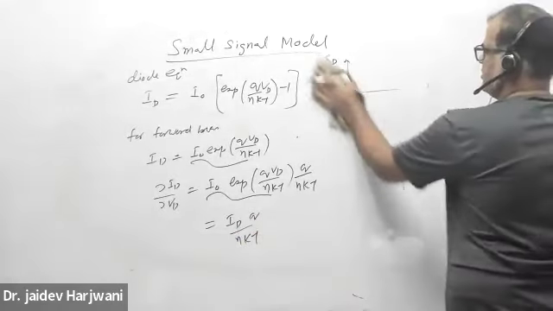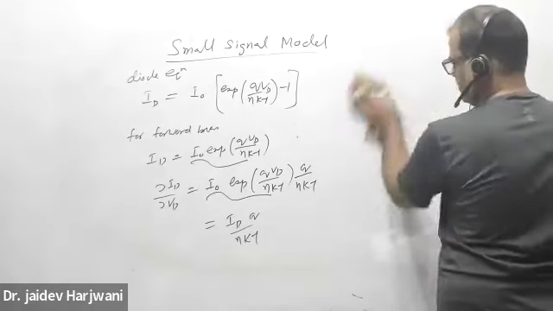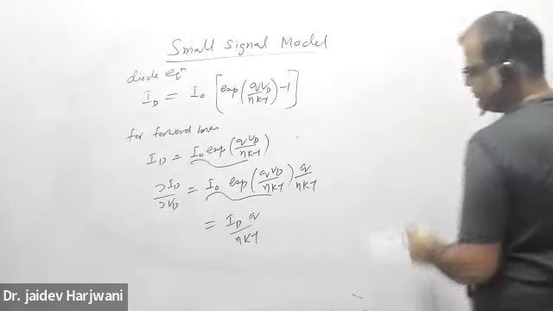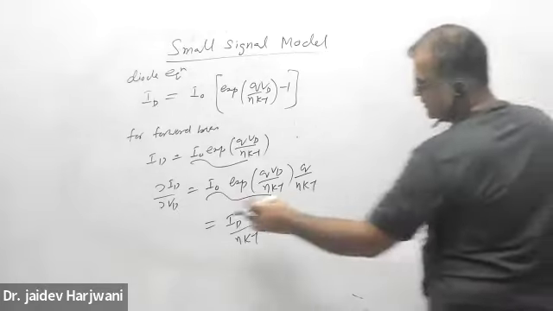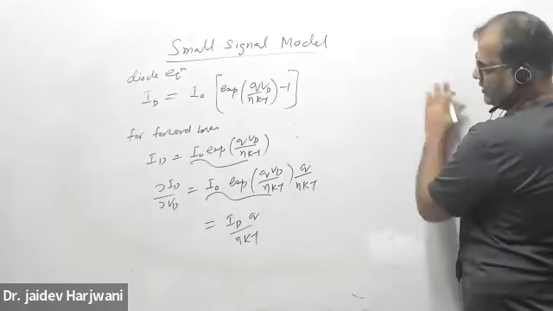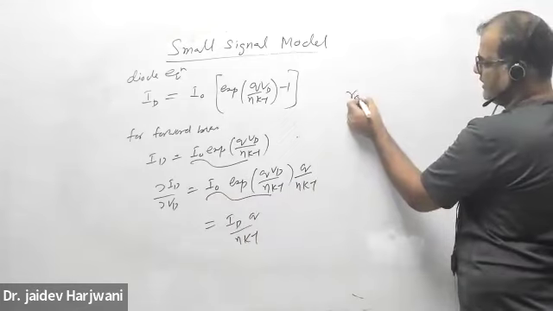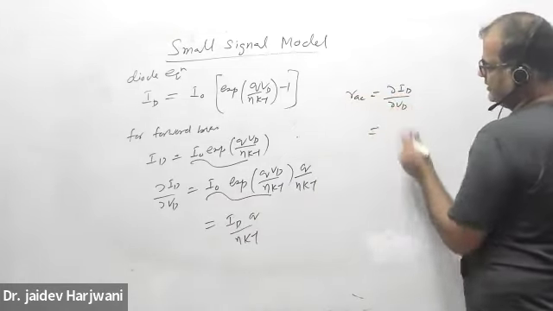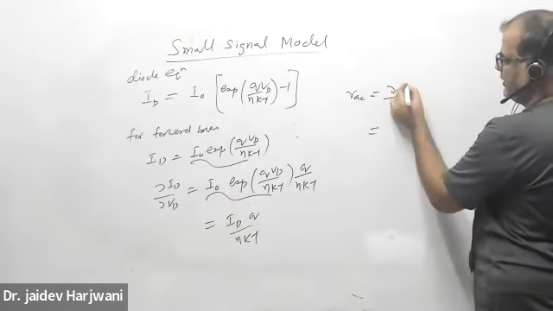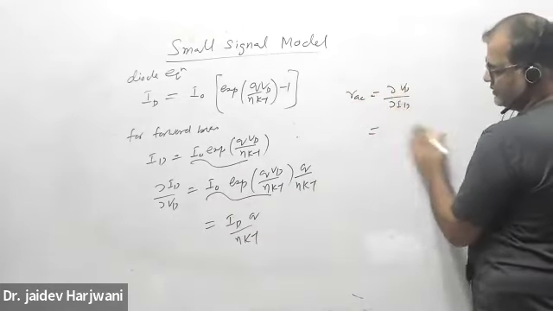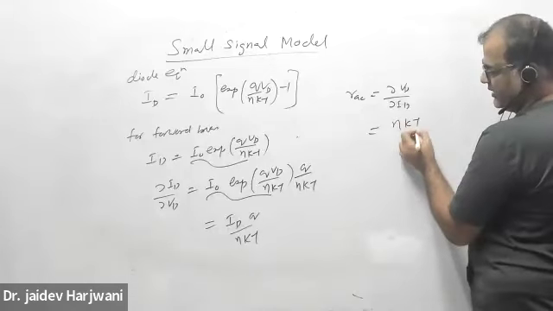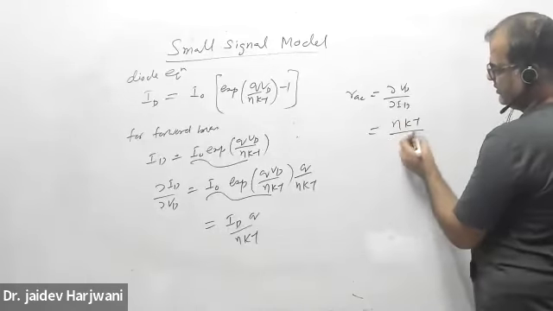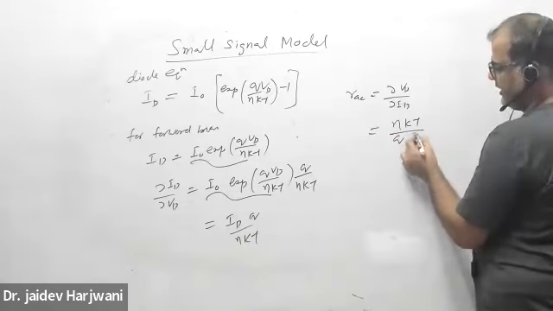Now here, this is your 1 upon, now I want RAC. So RAC is delta VD upon delta ID, that is eta KT upon Q ID.